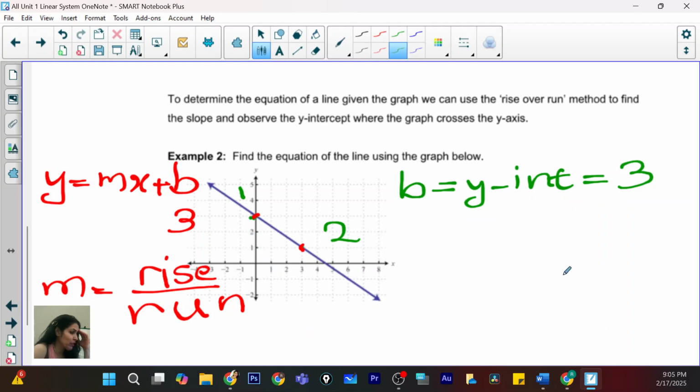So the rise is 2, but because we came down, it is negative 2. And we need to travel 1, 2, 3 units to the right. So, negative 2 over 3.